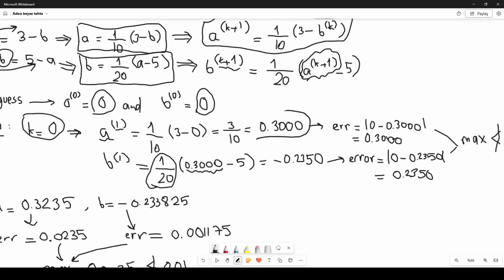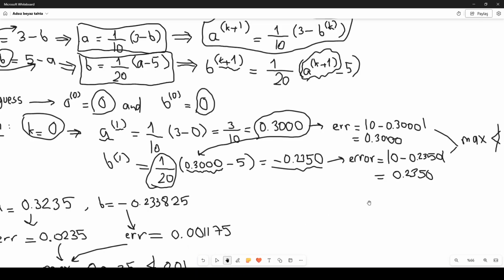We just found it above here in the same iteration, and I just plug that value here. So I don't wait for the next iteration to come to use this newly obtained value. I plug it in the formula as soon as I find it. Okay. And then I compute the value of b.